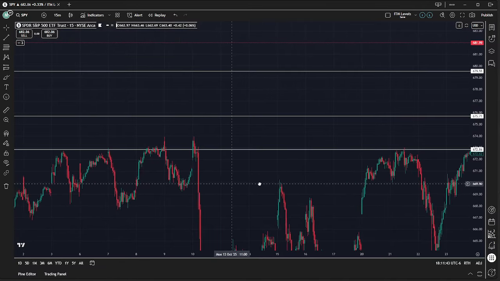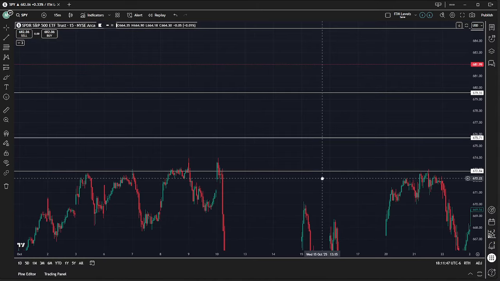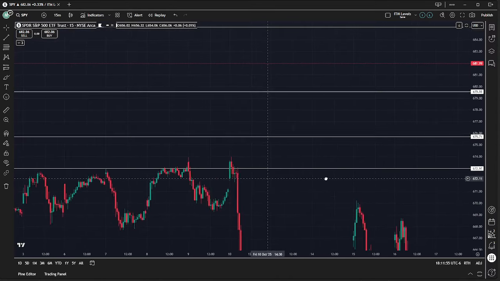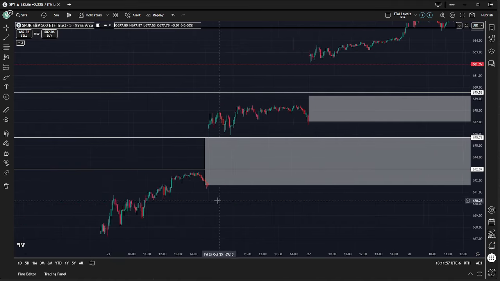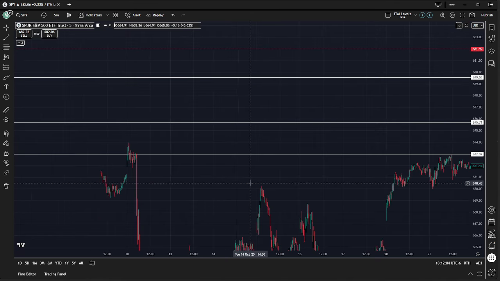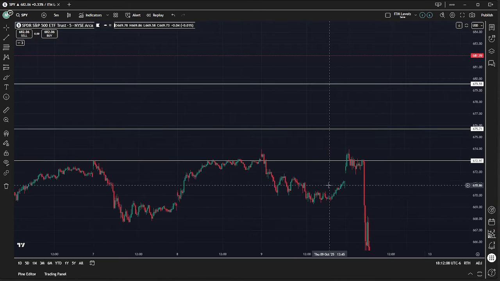Okay, this gives us a little bit more price action to play around with. I like to use the most recent data it gives us, but sometimes I like to scroll a little bit back just to get a full confirmation that I like this level that I'm placing down right here.